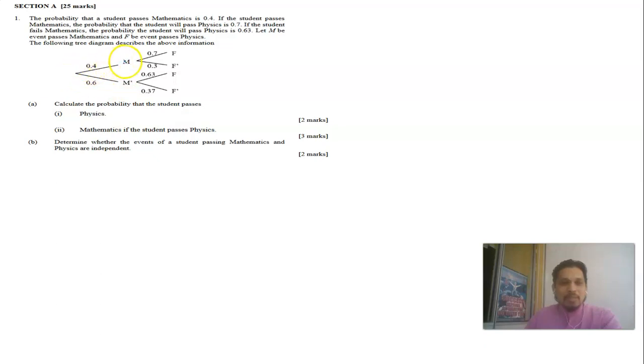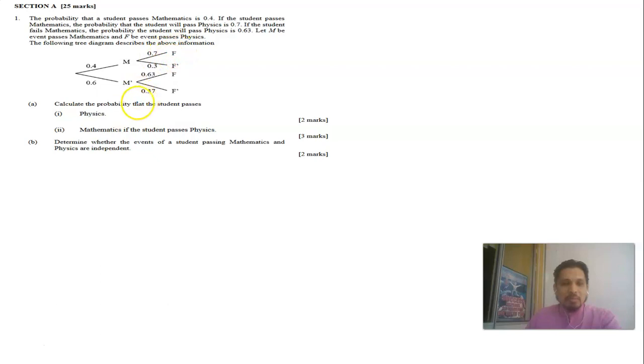If the student passes maths, the student may pass physics or fail physics, and if not passing maths, again passing physics or not passing physics. Calculate the probability that the student passes physics. That means physics in the second branch here.